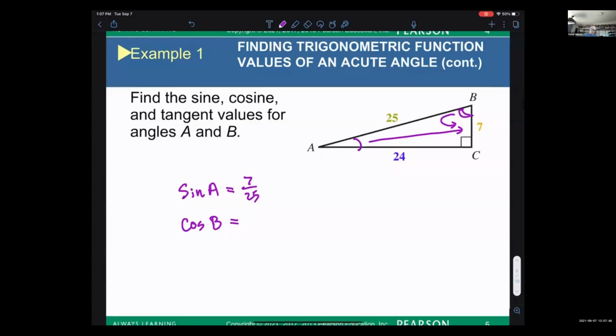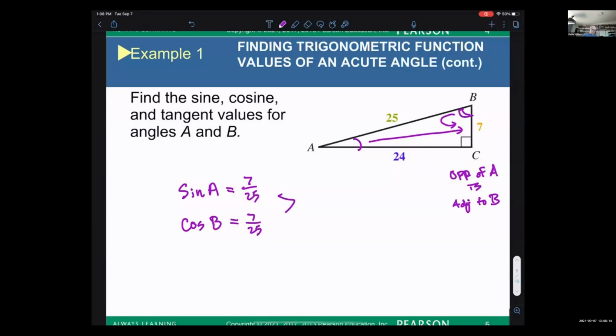So what we're noticing is that opposite of A is adjacent to B. And so since cosine wants adjacent over hypotenuse, I get the same thing.